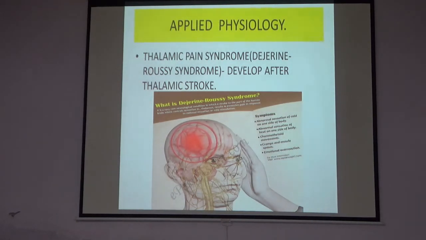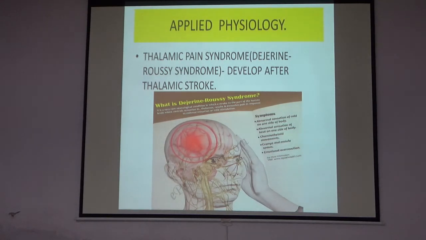This is due to the hemorrhage, due to the stroke in this area of the thalamus. Then there is abnormal involuntary movement, which is called choreoathetoid movements. Here there are intention tremors and choreoathetosis, which are features of thalamic lesions.